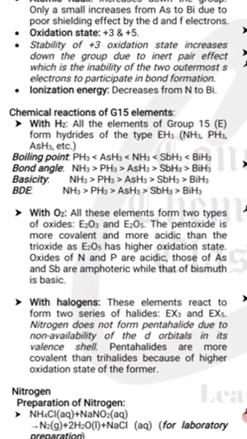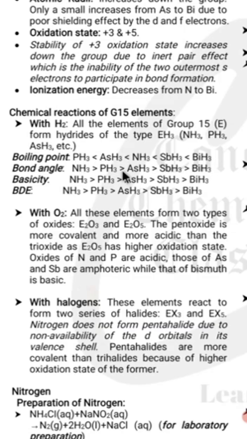Next property is chemical reactions. Now with hydrogen, these group 15 elements form hydrides of the formula EH3. These hydrides are given here: NH3, PH3, AsH3, SbH3, BiH3.